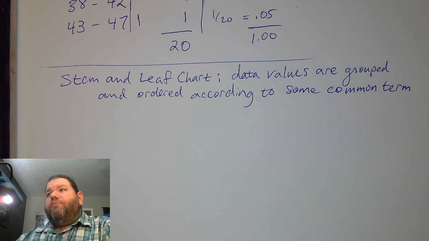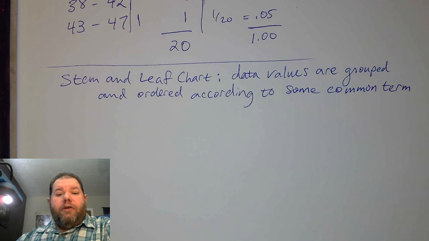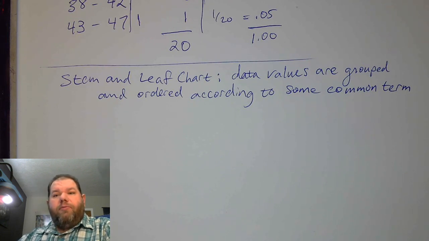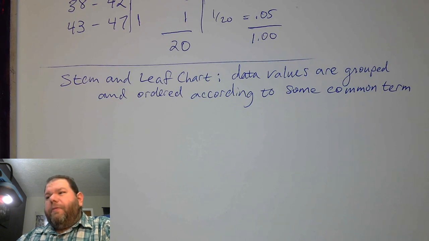If we talk about prices of goods, then we can group them by the dollar amount and then order them by the cents amount. Ages, we group them by the decade, but then order them by the individual year. And there are different ways that we can do that. It just depends on what level of commonality our values have.